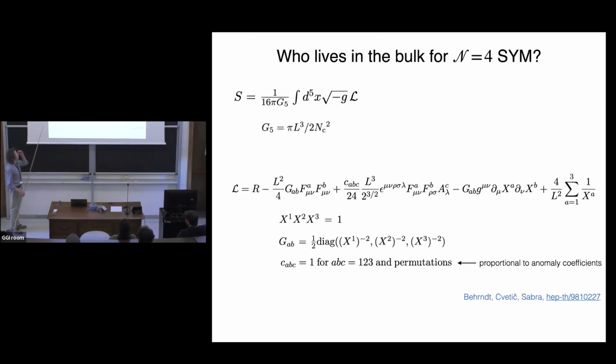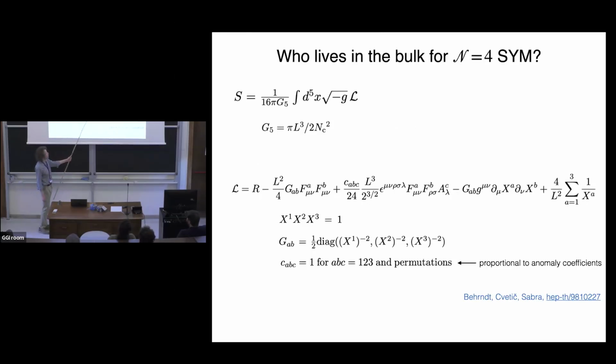So who lives in the bulk for N=4 super Yang-Mills? There are going to be infinitely many fields that live in the bulk. I'm going to show a simple truncation that is relevant for the problem that I'm describing. The action is the integral of a Lagrangian, square root of minus g, with some prefactor. This is the Ricci scalar, the Maxwell term, F squared for three abelian gauge fields.